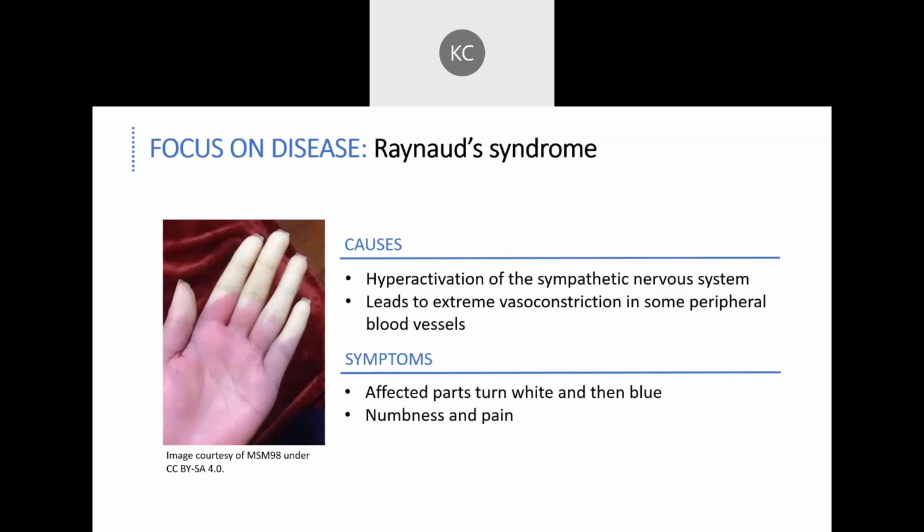All right. What you have is a very sudden increase in sympathetic activity. Right, so you get constriction of blood vessels as a result of an activation of some of the alpha receptors that are on blood vessels in the distal extremities, right?